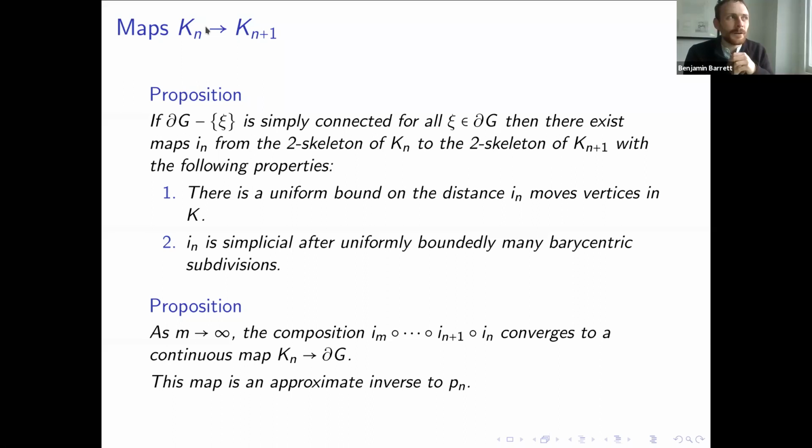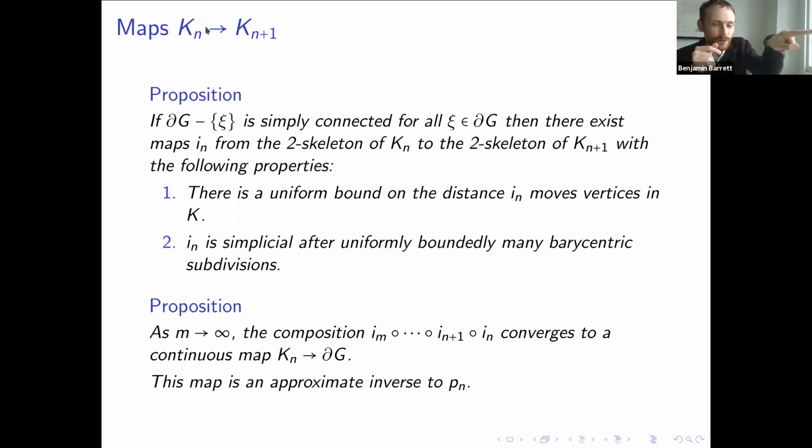Okay, so I guess one thing you might think is, the boundary of the group is the space of all directions that you could look in, starting at the identity element of the group. And a direction is only partially determined by what direction it is up to radius n.